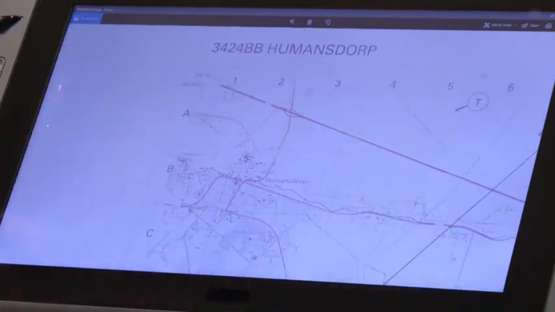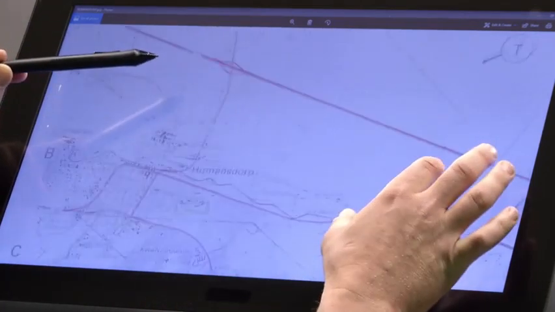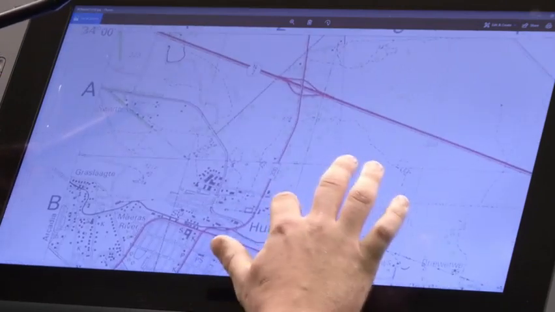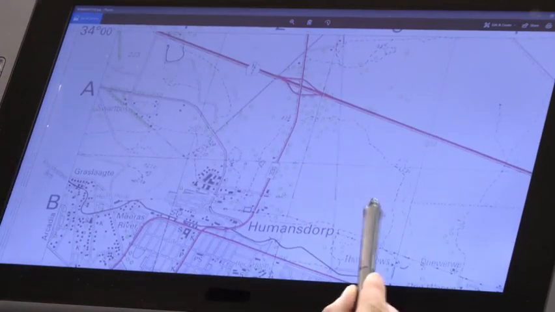We always start with our latitude. So our latitude, I'm going to place my pen over here. There's my pen.